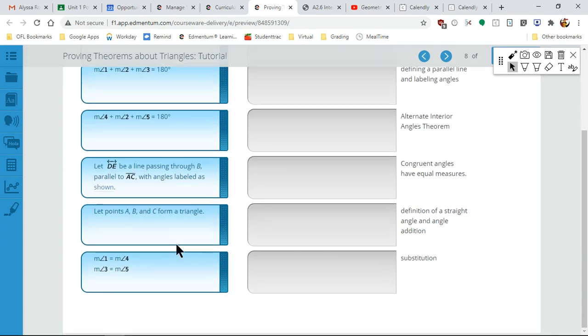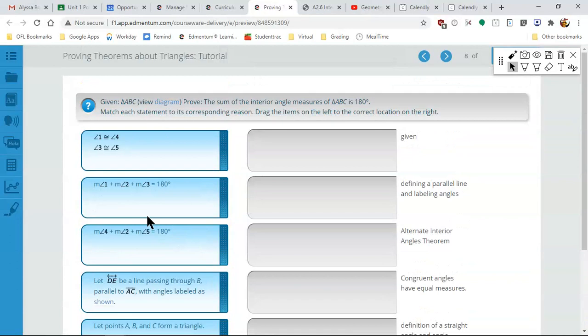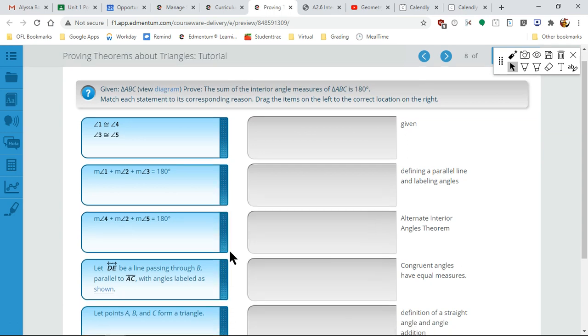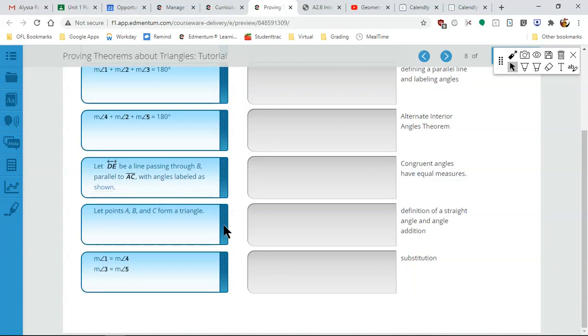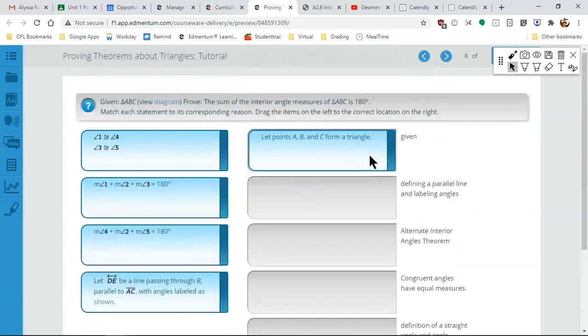Points A, B, and C form a triangle, and we're going to prove that the sum equals 180. So we're given that ABC makes a triangle.